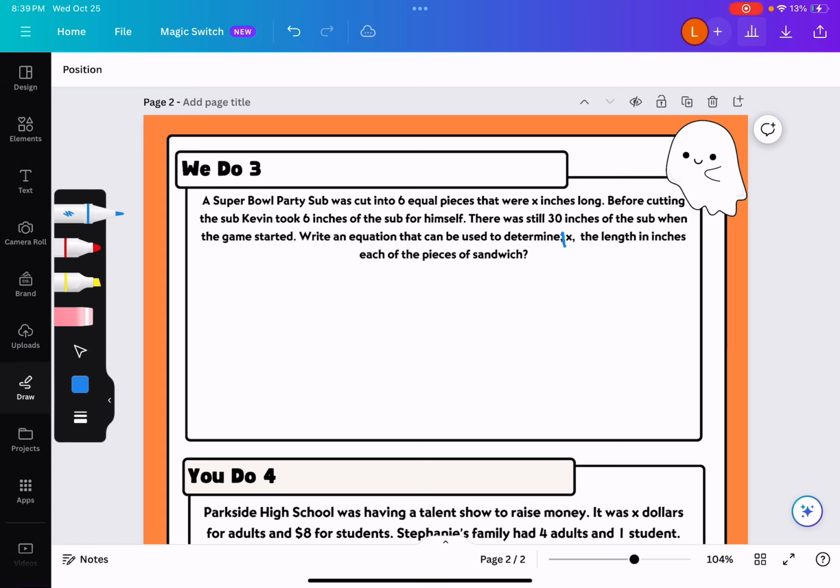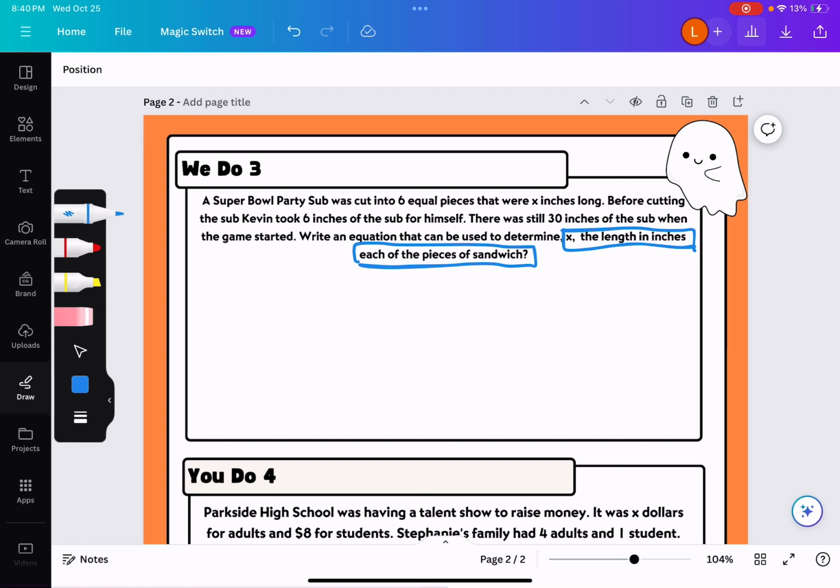Okay? So we know that X is the length in inches of each of the pieces of sandwich, okay?